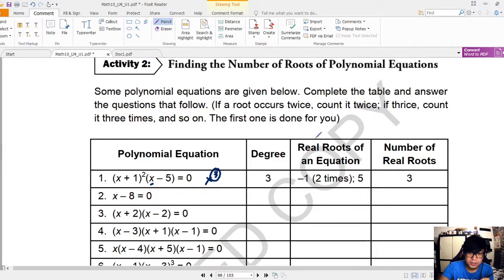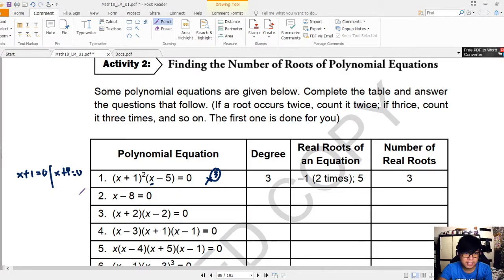Okay. So, real roots of an equation. So, we will equate. Paano ba i-identify ang real roots? Pag i-review natin yung lesson yun, yung grade 9, we will equate each factor sa 0. Diba? So, ibig sabihin x plus 1 equals 0. Isa naman is dalawang x plus 1, diba? So, x plus 1 equals 0.